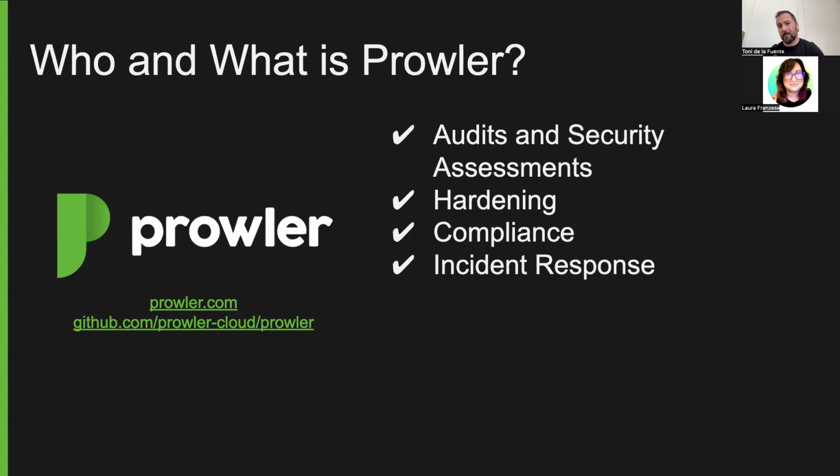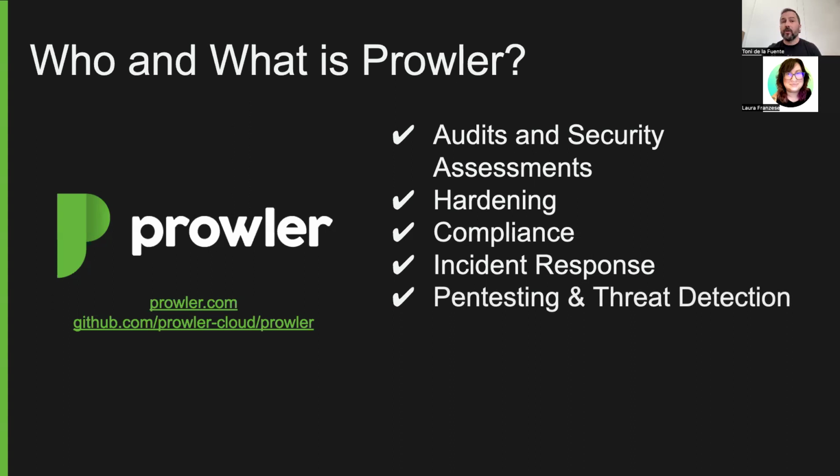It helps you with incident response: when you have an incident, you can run Prowler and get insight about what has happened in terms of severity, etc. You can also use it for pen testing with some checks of Prowler. They look for passwords or credentials in places where they shouldn't be, or other types of vulnerabilities that allow an attacker to do privilege escalation or many other things.